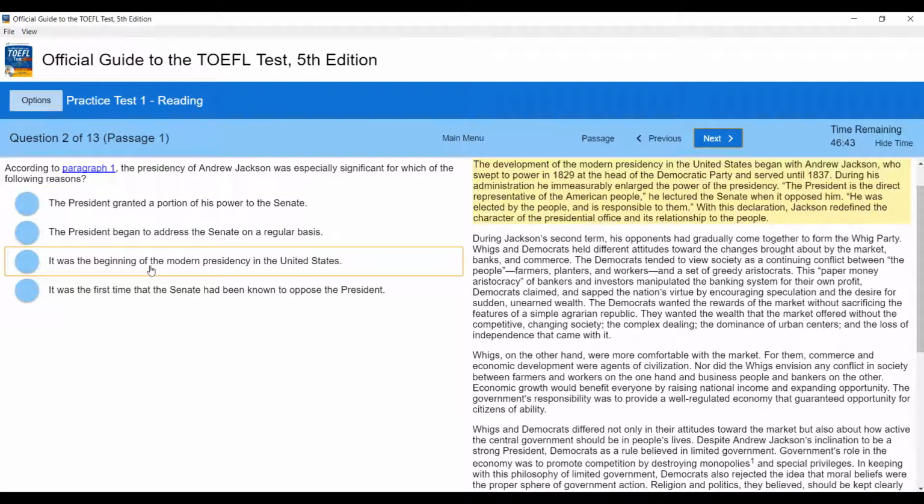Okay, it was the beginning of the modern presidency. Here I would say yes, because that's also the beginning of the first sentence. The development of the modern presidency began with Andrew Jackson, who swept to power. So this is, I would say, the most accurate choice.